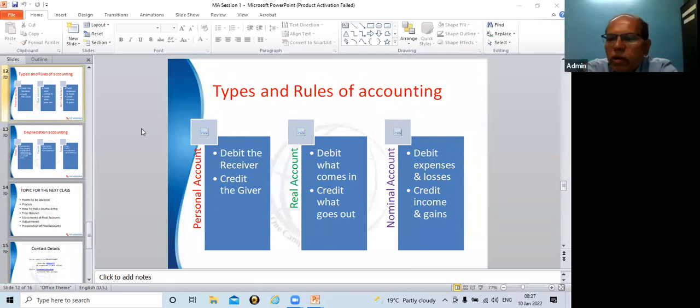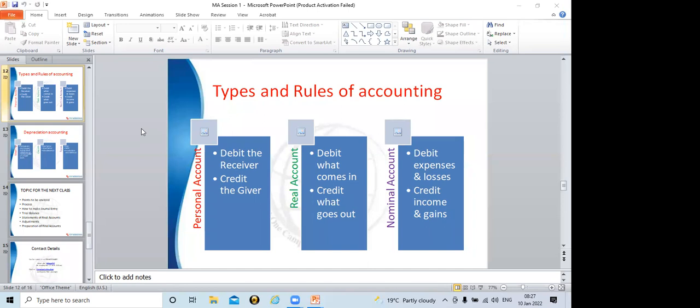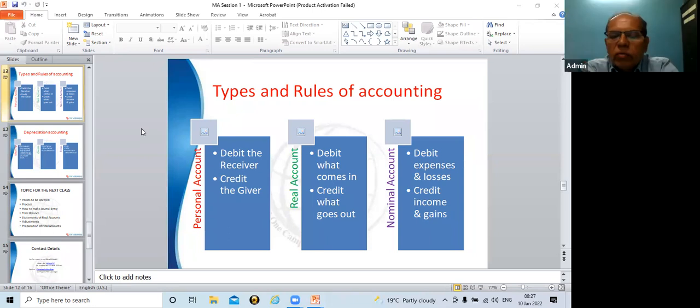Anurag, can you repeat your question? Yes, sir. I just asked whether the GST which we collect or which we pay is a real account or something else? Real account. Okay, sir.